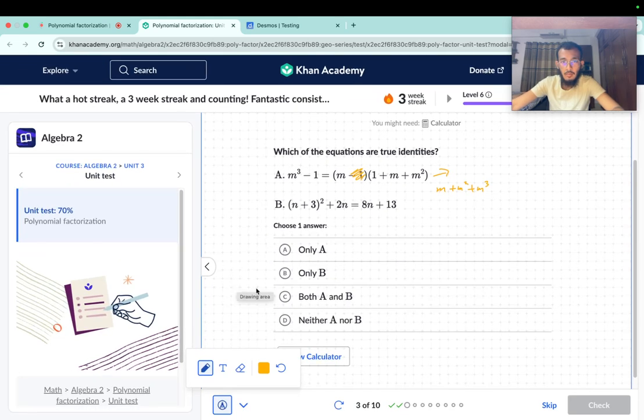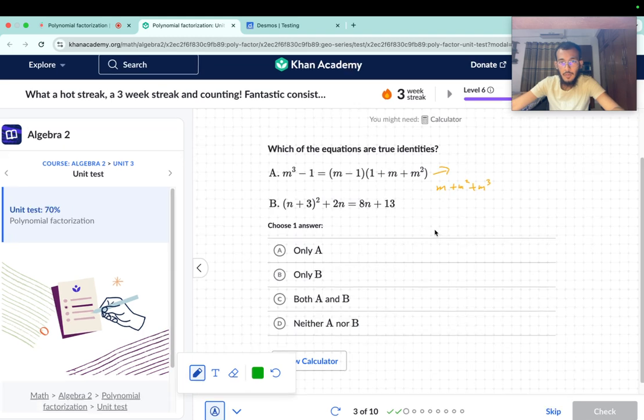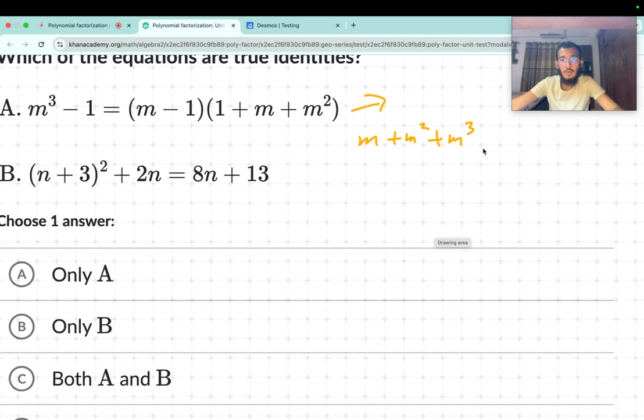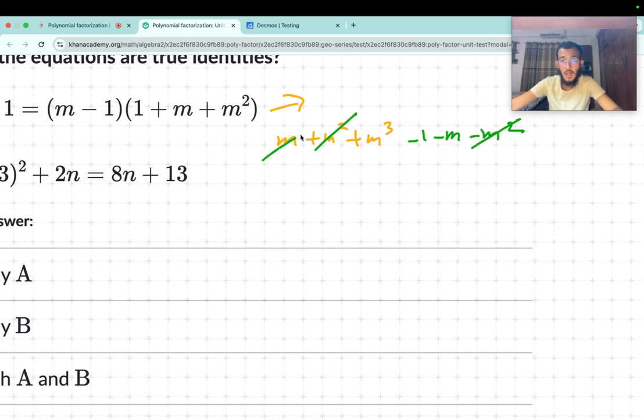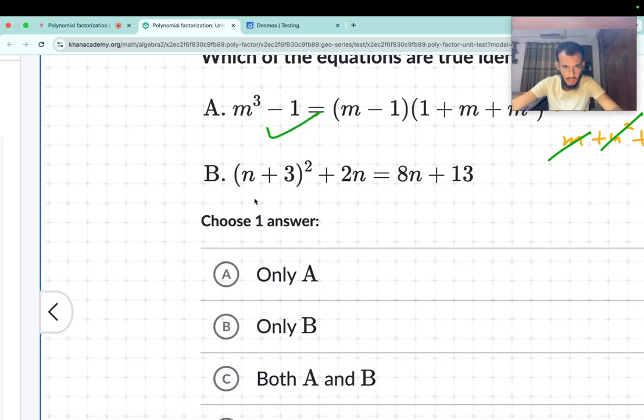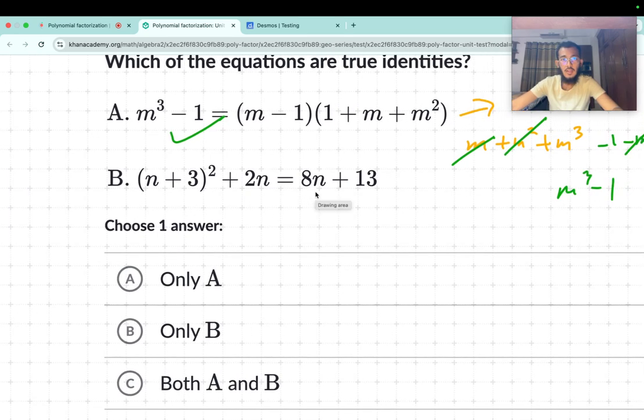Now I am going to multiply everything with negative 1. So negative 1, negative m, negative m squared. So positive m squared and negative m squared get cancelled out. Positive m and negative m get cancelled out. So m cubed, negative 1. A is an identity.